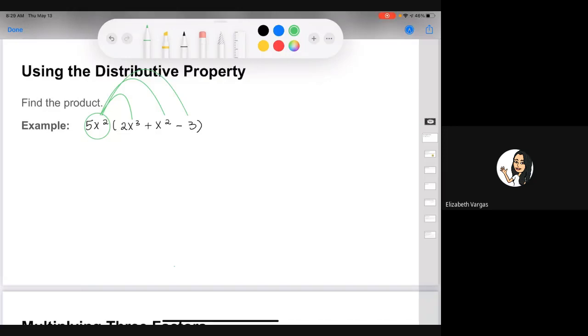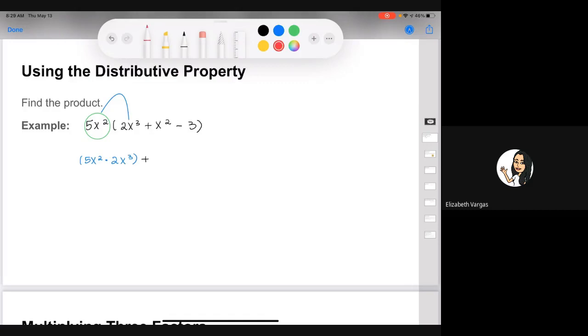For the purpose of this, I'm going to use different colors so that we can see. I'm going to do this first distribution in blue. Basically what this is telling us to do is to take 5x squared and multiply it by 2x cubed. So that's the first one.